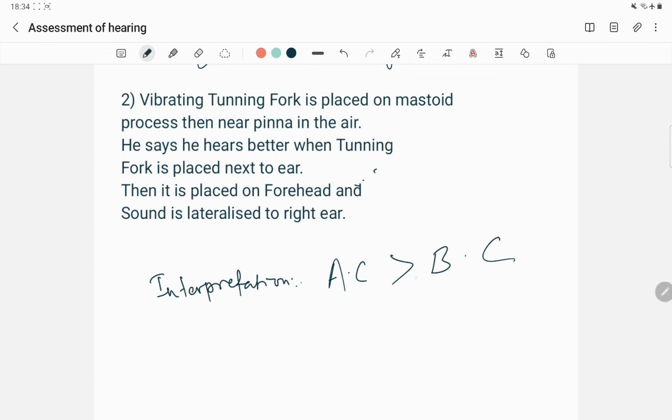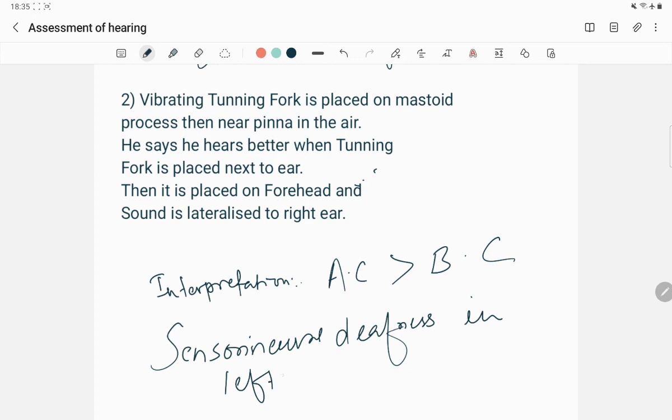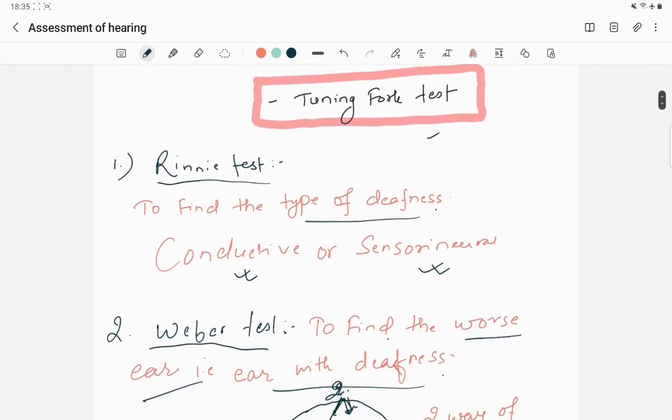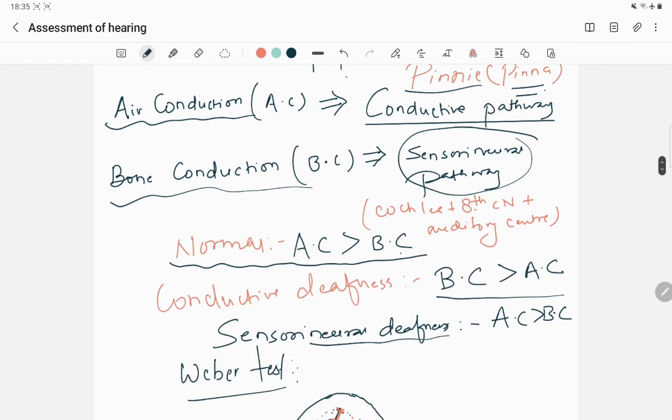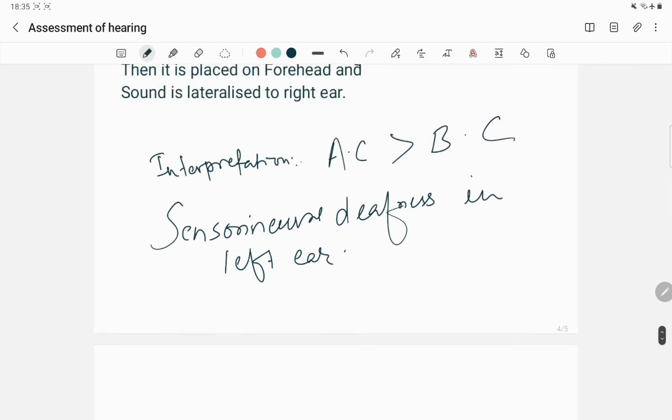So although the Rinne test is normal, this Weber test is not normal, and the Weber test implies that there is sensory neural deafness in the left ear, because if you remember, normal Rinne, that is air conduction more than bone conduction, is also true when there is sensory neural deafness, as we saw in our second exercise.